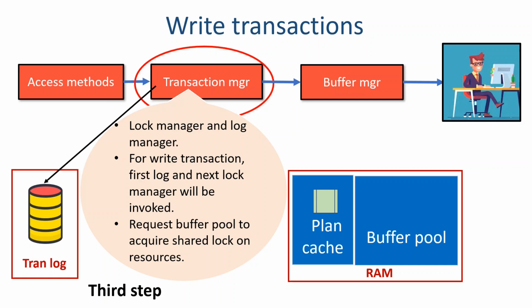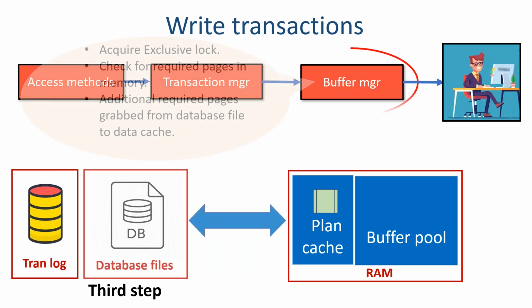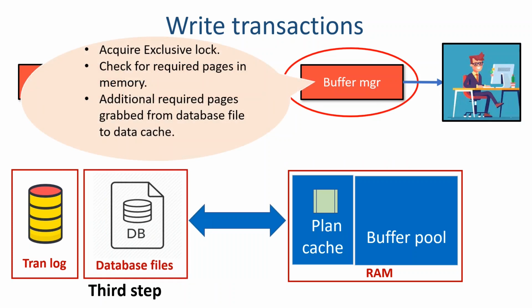It will request the buffer manager to put an exclusive lock on the resources the buffer manager needs. Why exclusive lock? Because it's a write transaction. We do not want other users interfering with our transaction, right? Once the query has reached the buffer manager, it will first put the exclusive lock on the resources it needs to process the query, and then check whether those pages already exist in the buffer pool.